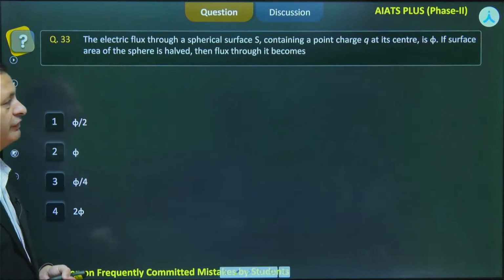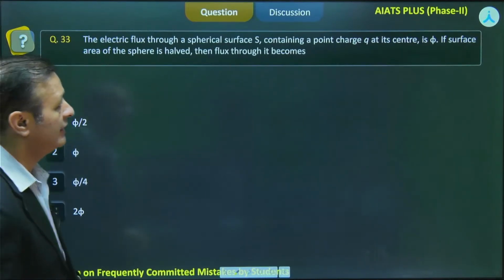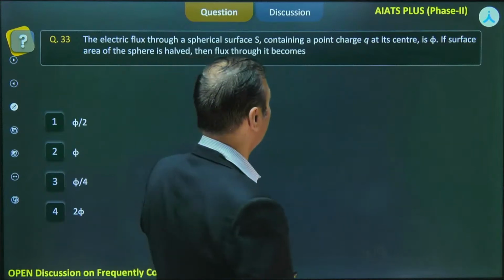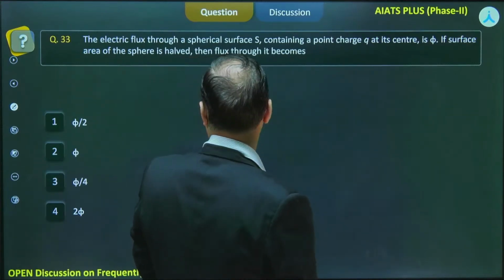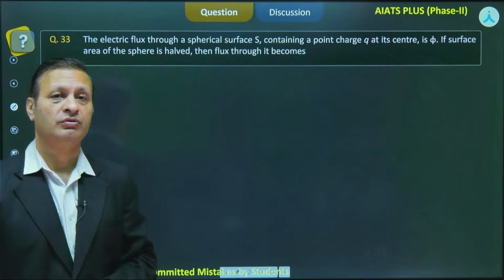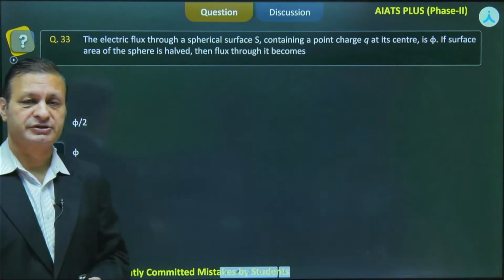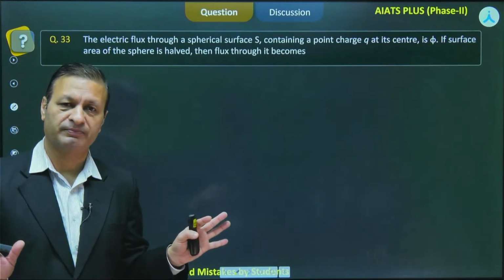The electric flux through a spherical surface S containing a point charge Q at its center is phi. If the surface area of the sphere is halved, then the flux through it becomes? And this is a very simple question.